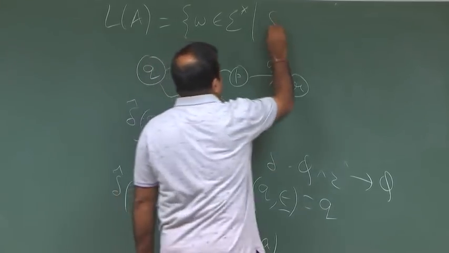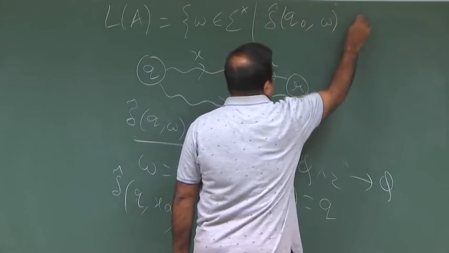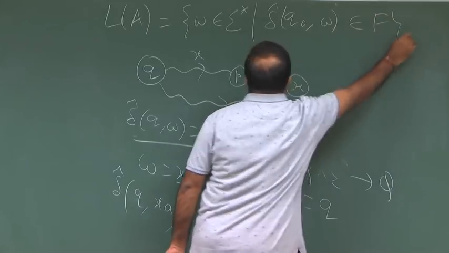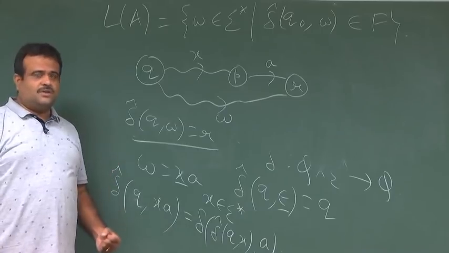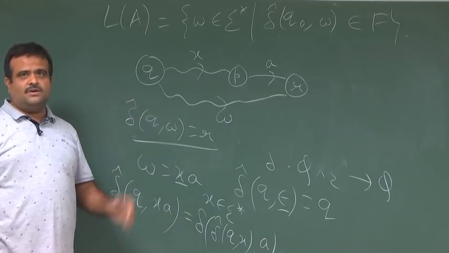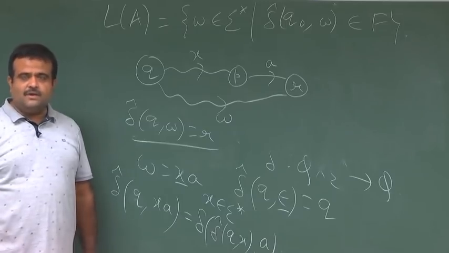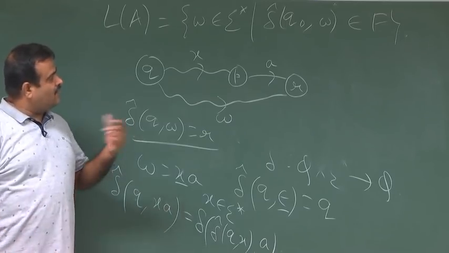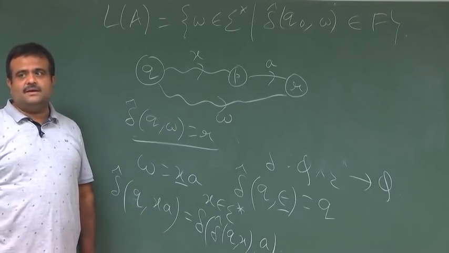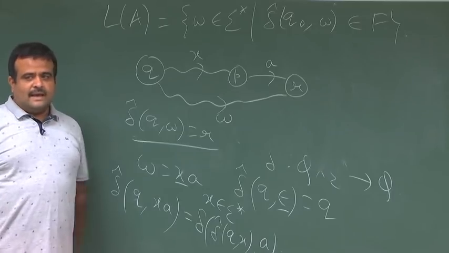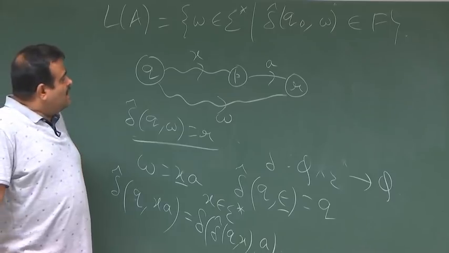So that means delta hat of q0 comma w belongs to F. We start with q0, and then we read the string and we change the state each time, and if we can end with a final state, then we say that string is accepted by that DFA, and the collection of all such accepted strings is called the language of the DFA.